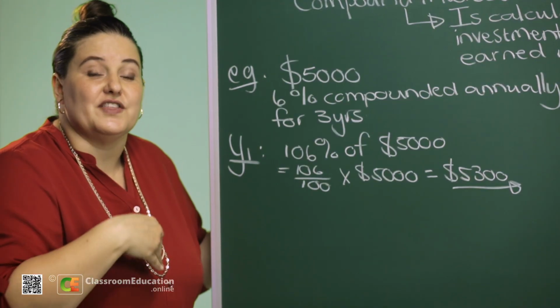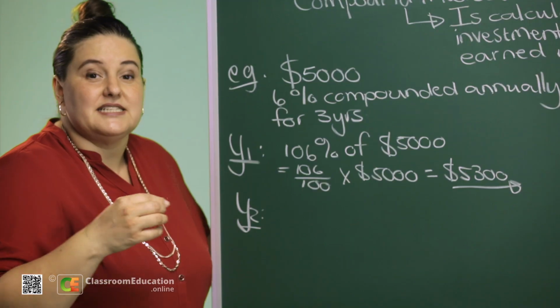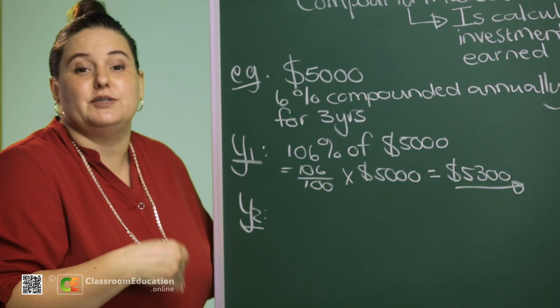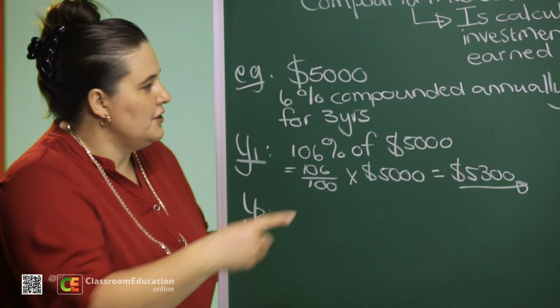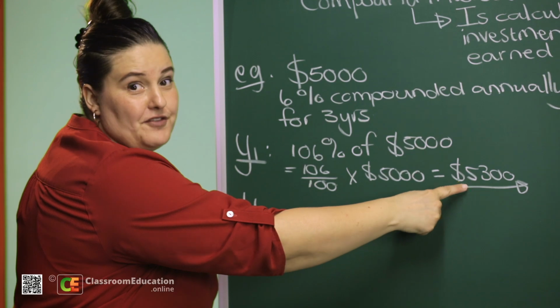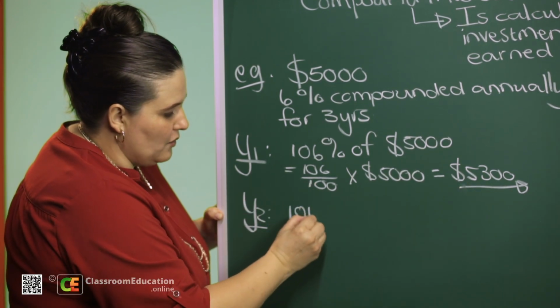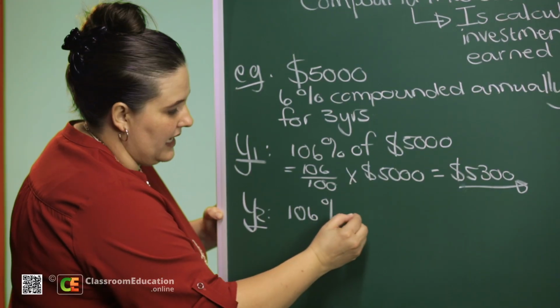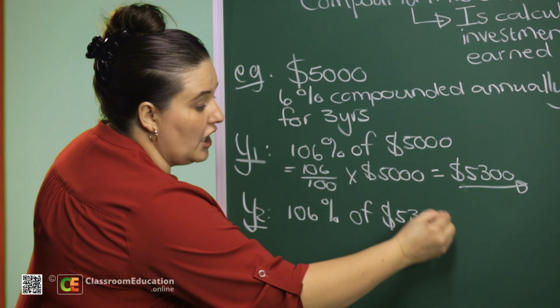Now, what's happening now? At the end of the second year, it means that you need to determine 106% of what? Not of $5,000, no, of $5,300. So we are going to determine what is 106% of $5,300.